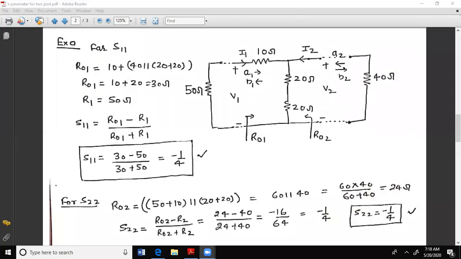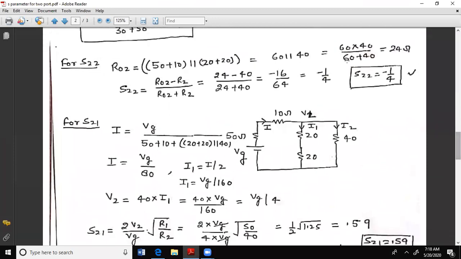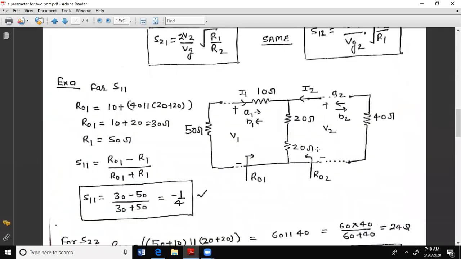Now the second one is S22. When we are dealing with S22, first we have to calculate the value of R02. When we are seeing impedance from this terminal, this is 50 and 10, which are in series, total impedance 60, in parallel with 20 plus 20, which is 40.